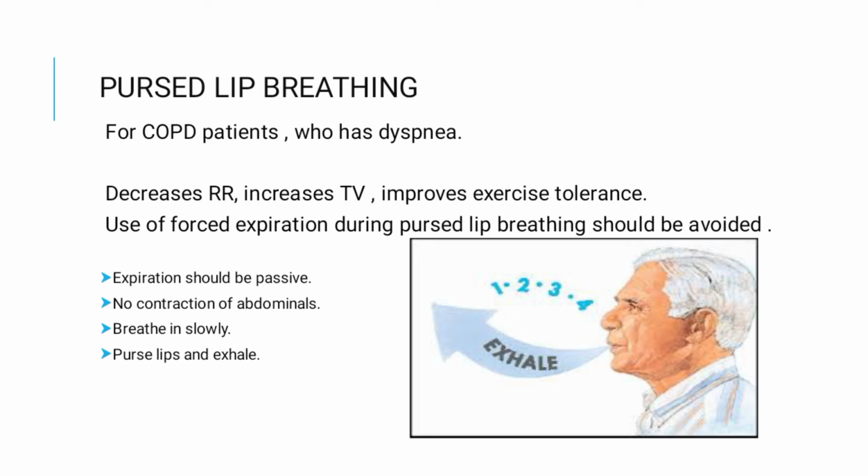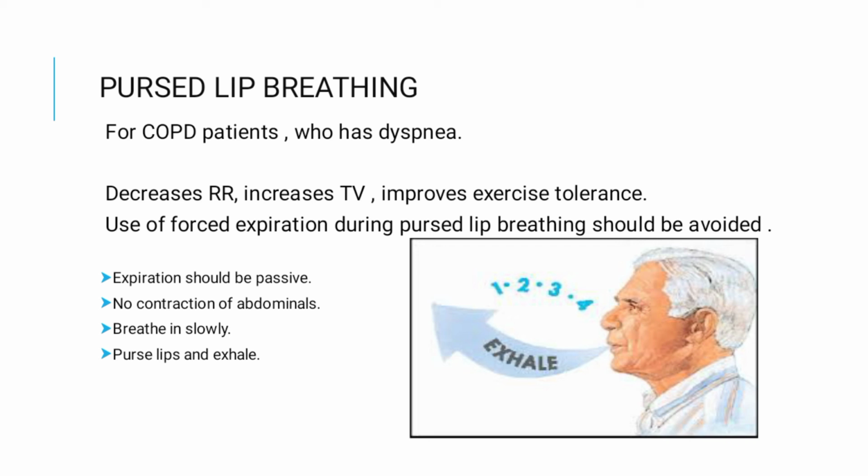In order to improve ventilation, to strengthen the muscles, to reduce the work of breathing, and to give some relaxation to the patient, and functionally make the patient active in doing daily living activities, and train them functionally to get back to their work. So that is the main aim of your breathing exercises.